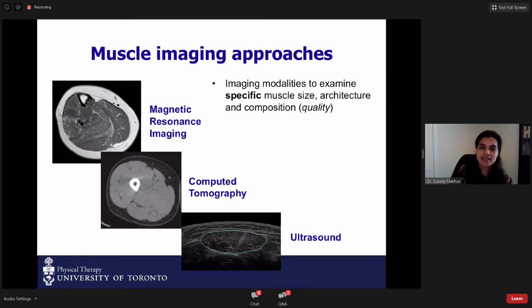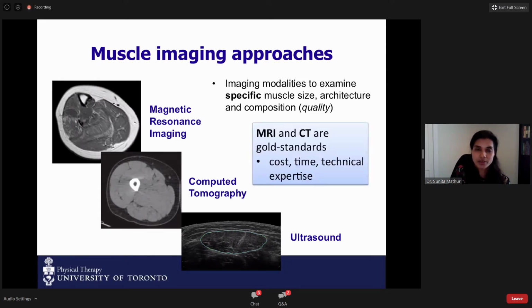MRI and CT are considered gold standards when you're looking at muscle size and muscle architecture. But they do have higher costs. They require time for the subject to undergo the scan and quite a bit of technical expertise, both to run the scans as well as to do the analysis. So they're not used that widely, definitely not for clinical purposes, really only for research purposes.